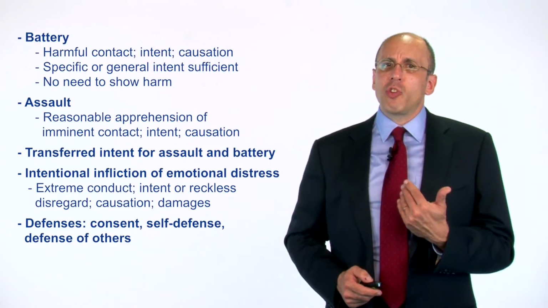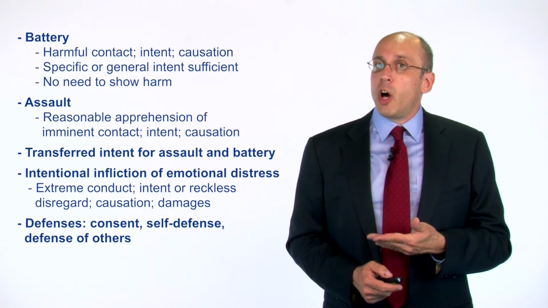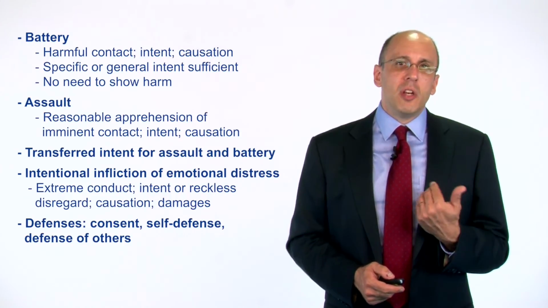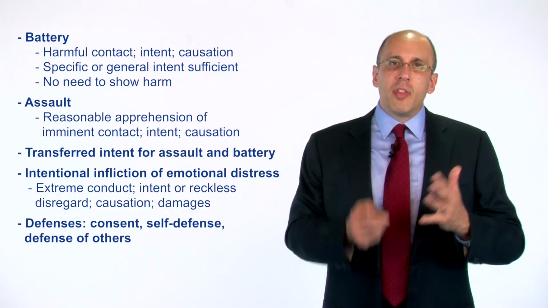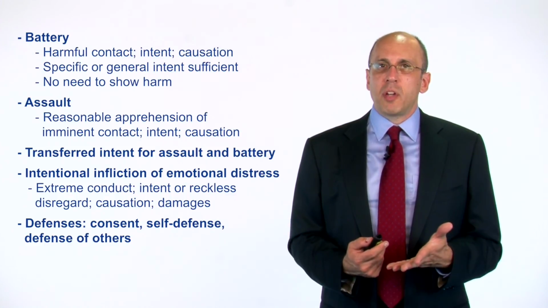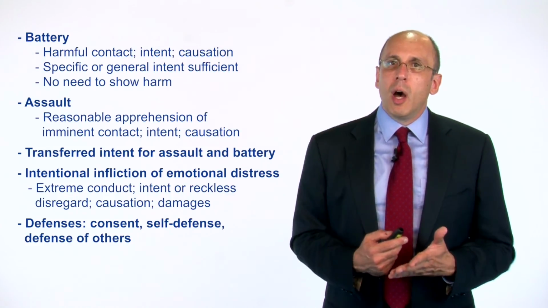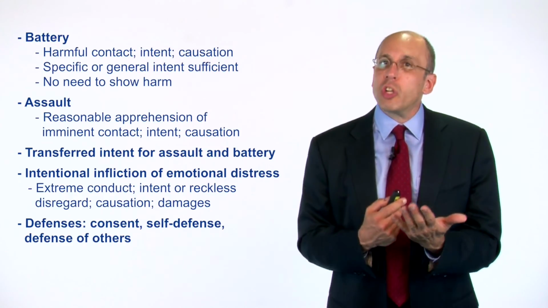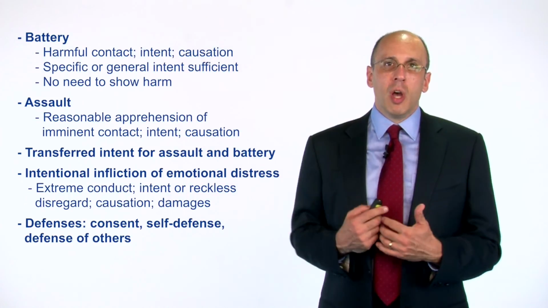The defendant's actions also might constitute self-defense or defense of others, and that would be another area where if a person reasonably believes that whatever actions they're taking are necessary to protect themselves or others from imminent harm, then they can take proportional actions. Obviously, you can't be way out of proportion.